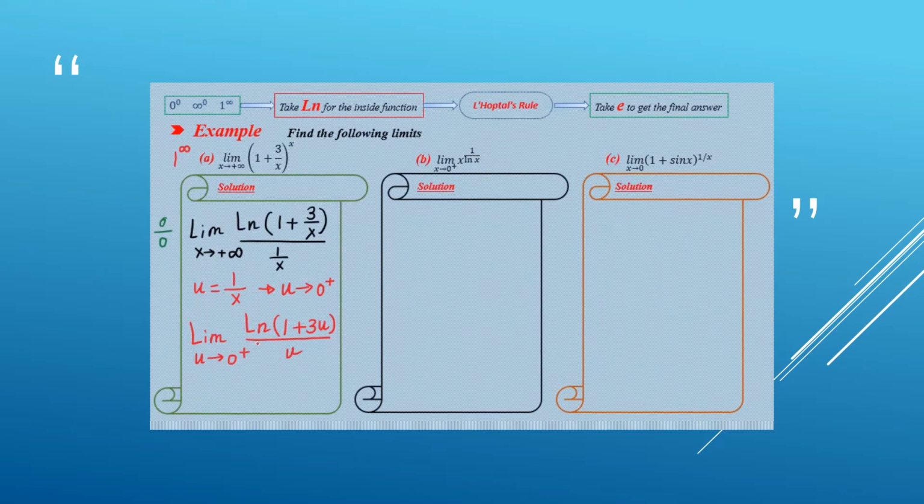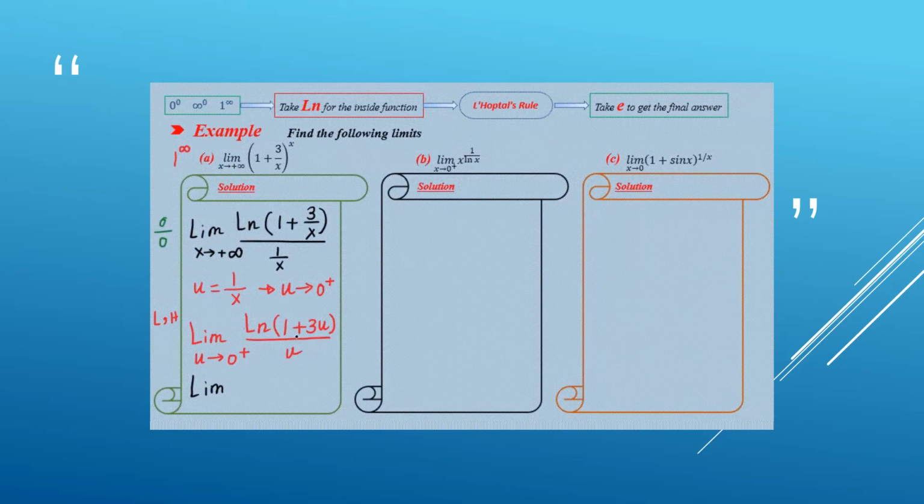Now also by direct substitution you will get ln 1, 0 over 0, you will get the same thing here. So you can use L'Hopital here. So you have to find limit f prime over g prime.